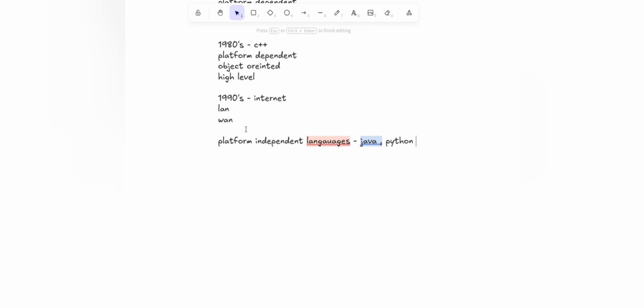In any corner of any country, even if one person is using one platform and another person is using another, Java and Python are used to develop applications that run on every platform. It's not like something developed on Linux can run only on Linux. If you develop an application using Java or Python, it is able to run on every platform and every OS.